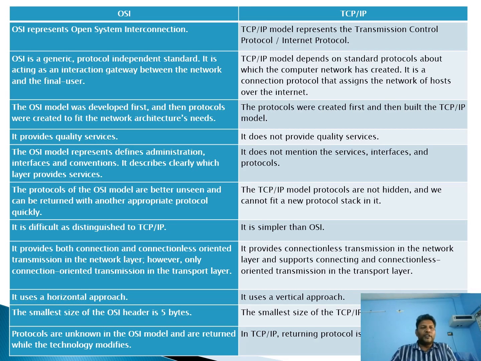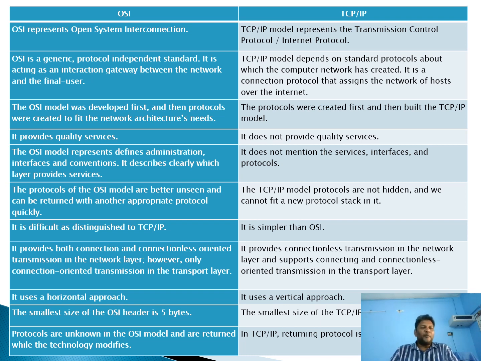Now we are going to see the difference between the OSI model and the TCP/IP model. What does the OSI model do and what does the TCP/IP model do? OSI represents Open System Interconnection and TCP/IP represents Transmission Control Protocol/Internet Protocol.